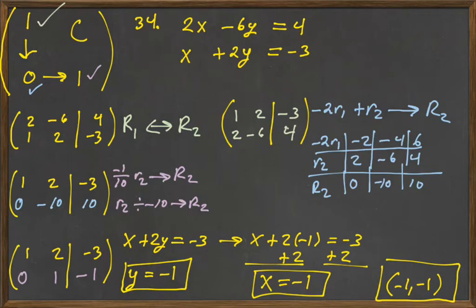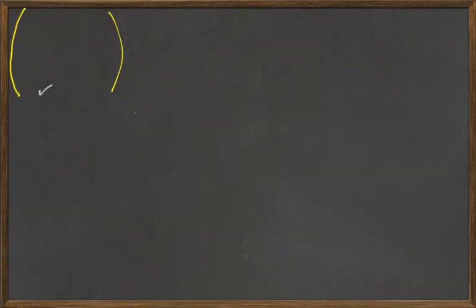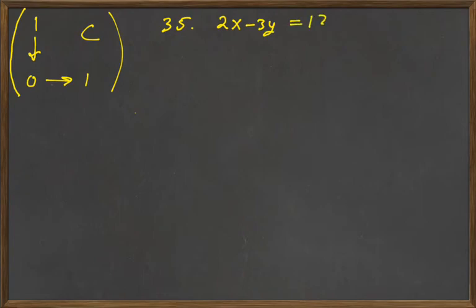Okay. So I think I have two more systems of two equations and two unknowns to solve by Gaussian elimination. So let's see what we got going here. All right, so we'll write down our pattern, and then we'll write down our system. Okay, and then write it as an augmented matrix.